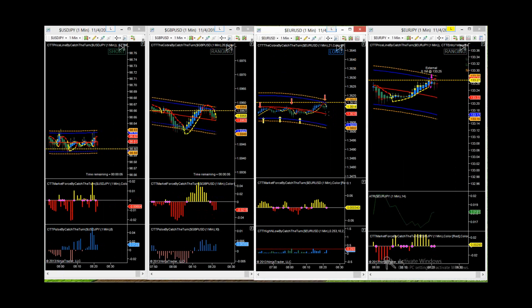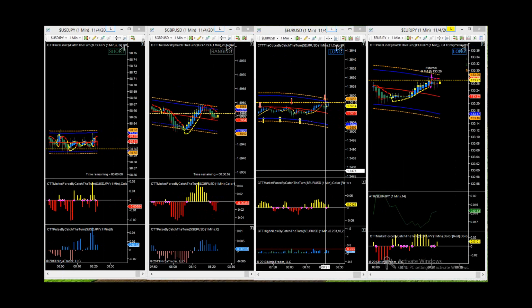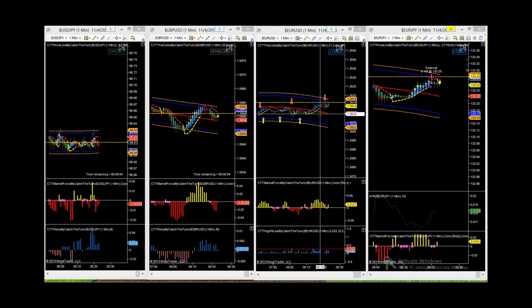Now on the Euro USD, because it's just about to go long, because I was waiting for this thing to go long. It did not want to go long. It's about to go long right now, and then we're gonna see if it's going to test its earliest number.